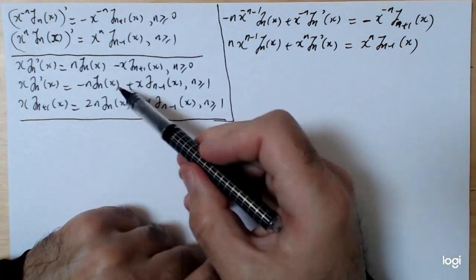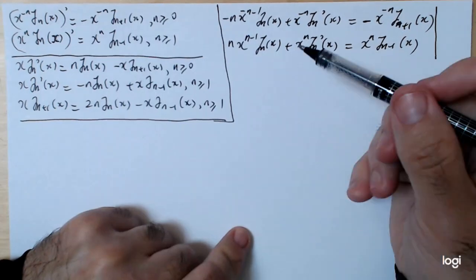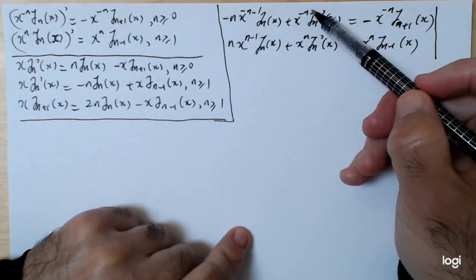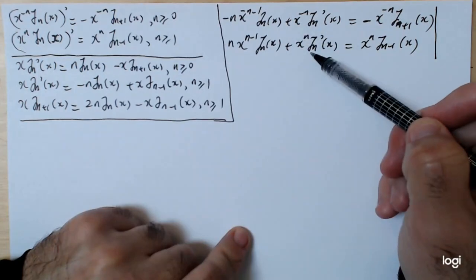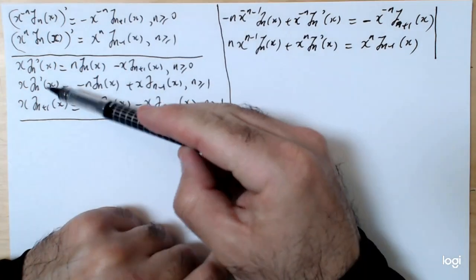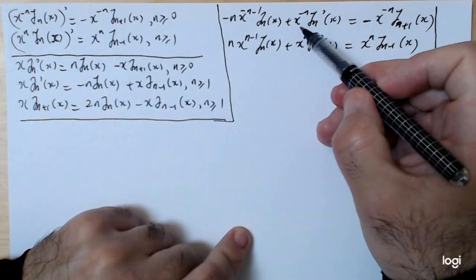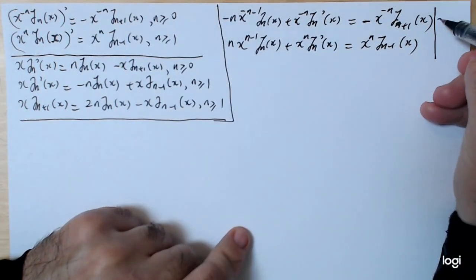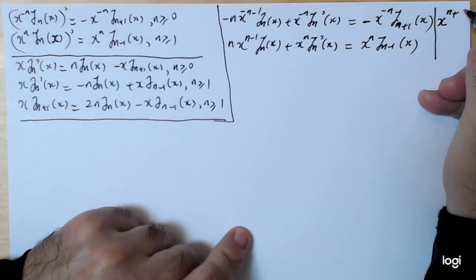So now it's just a matter to obtain the third and the fourth formula. It's just a matter of multiplying these equalities by the appropriate power of x so that you're left with just x jn prime. Okay, because these are formulas for x jn prime. So to achieve that, notice I need to multiply the first row by x to the n plus 1.